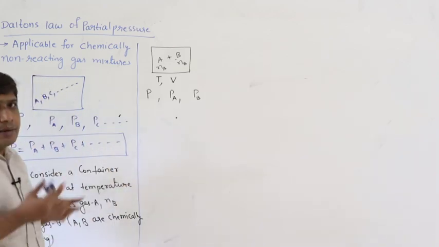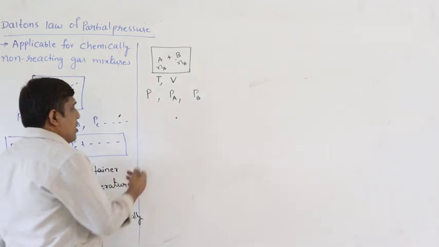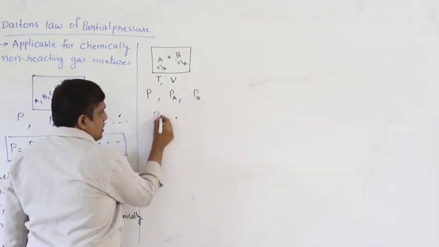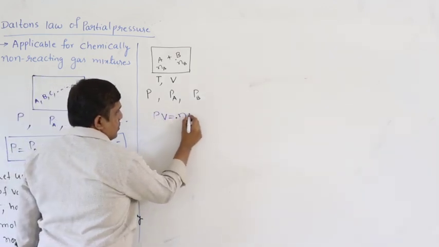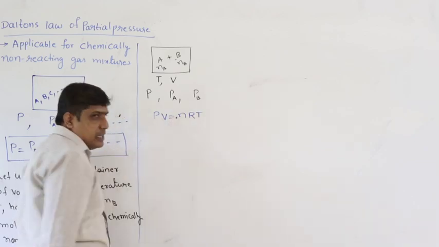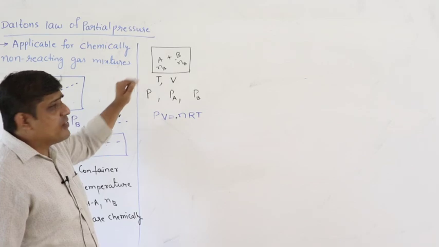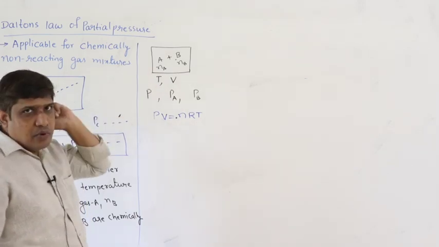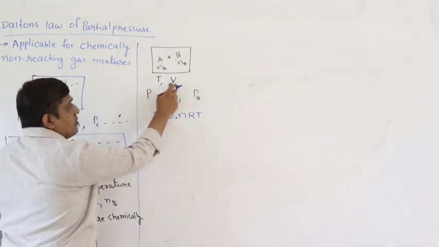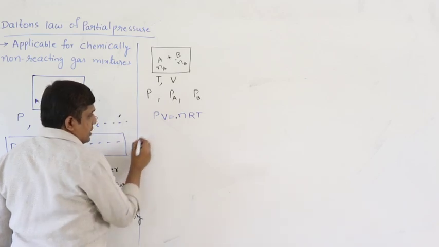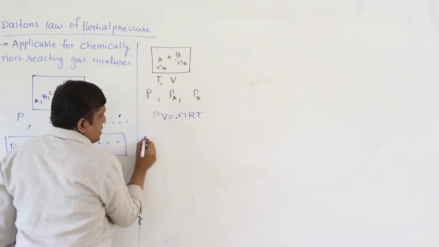What I am doing is applying the ideal gas equation. What is the ideal gas equation? PV equals nRT. The pressure of gas A is because of Na moles present in a V liter container at temperature T. So what is the partial pressure of A?